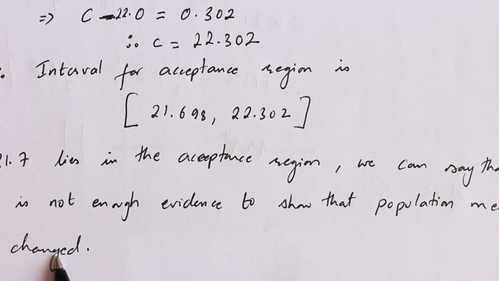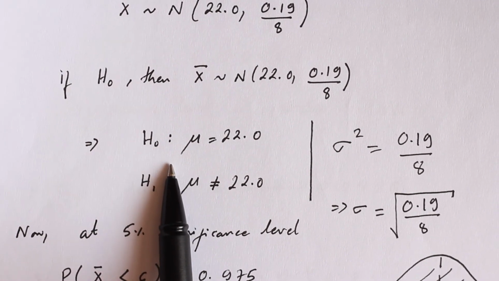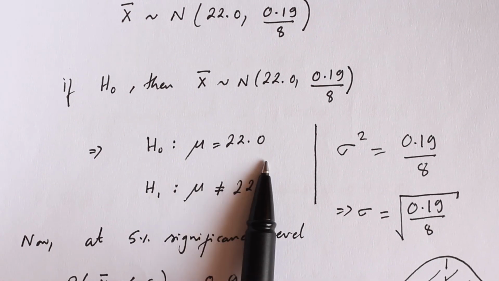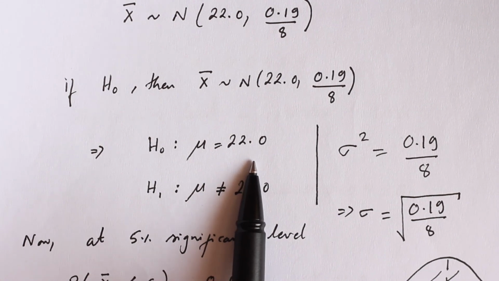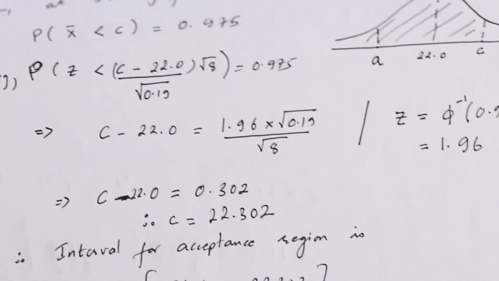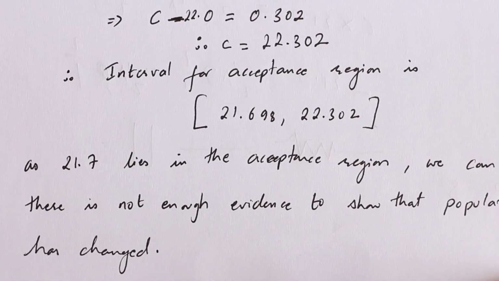It means we are accepting the null hypothesis, that the mean hasn't changed. This is how you should be writing the solution.